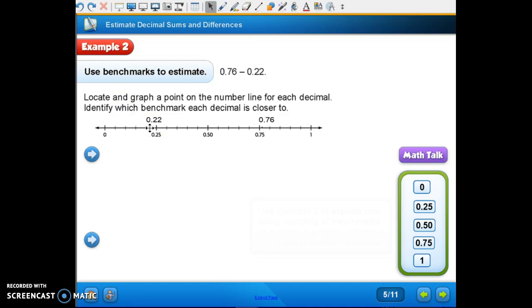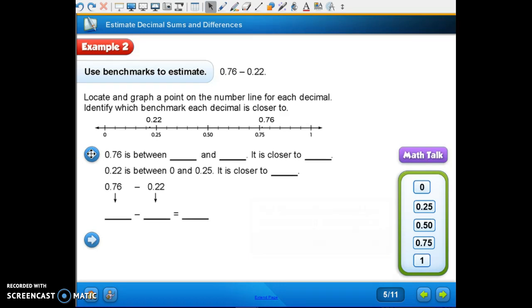Okay, now that we have graphed our points, let's go ahead and look at the questions. So 76 hundredths is between which two things? 75 hundredths and 1. It is closer to 75 hundredths. 22 is between 0 and 25.